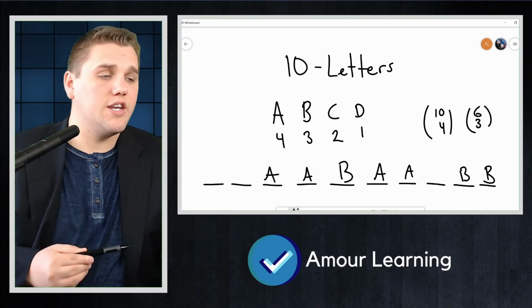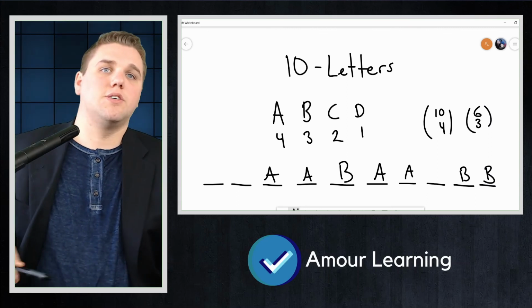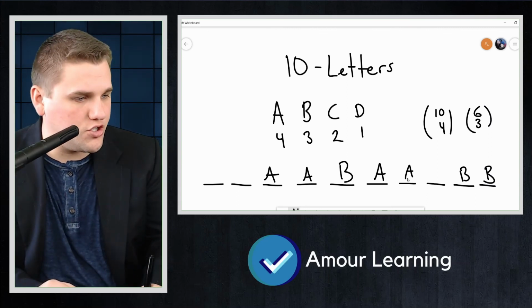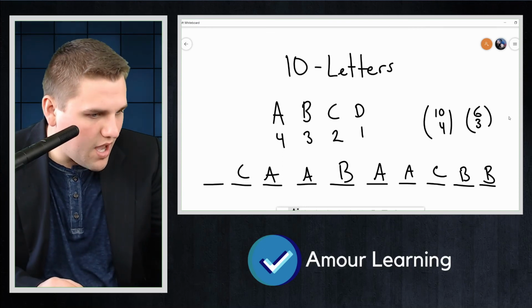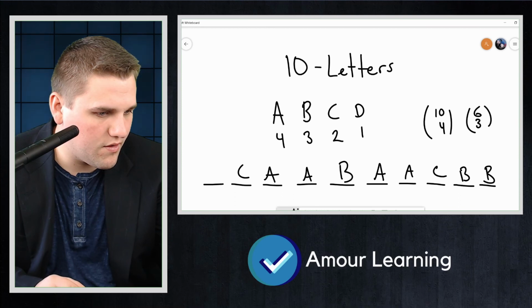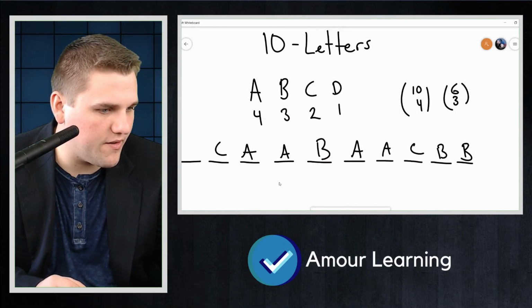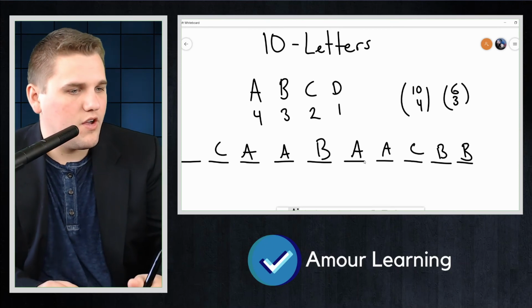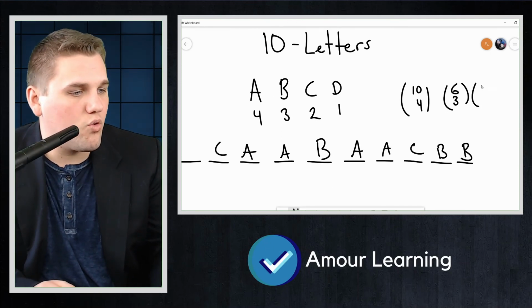The 2 C's need to go in 2 of the 3 remaining spots. So we have 3 choose 2 ways. I'm going to move this real quick so that you have more room to see here. There we go. So for the C's, we had 3 spots and we picked 2 of them.